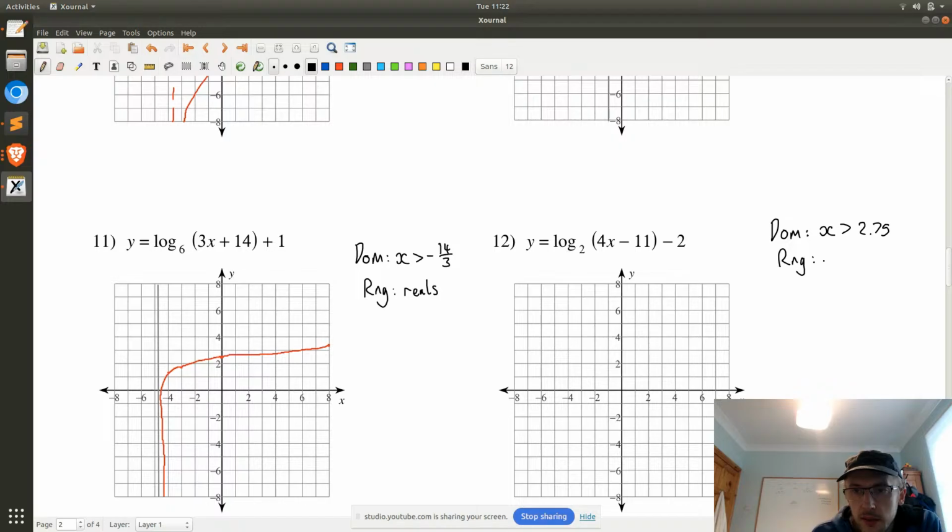And the range will be the reals. But how to get this better? Okay, so the vertical asymptote will be x equals 2.75.